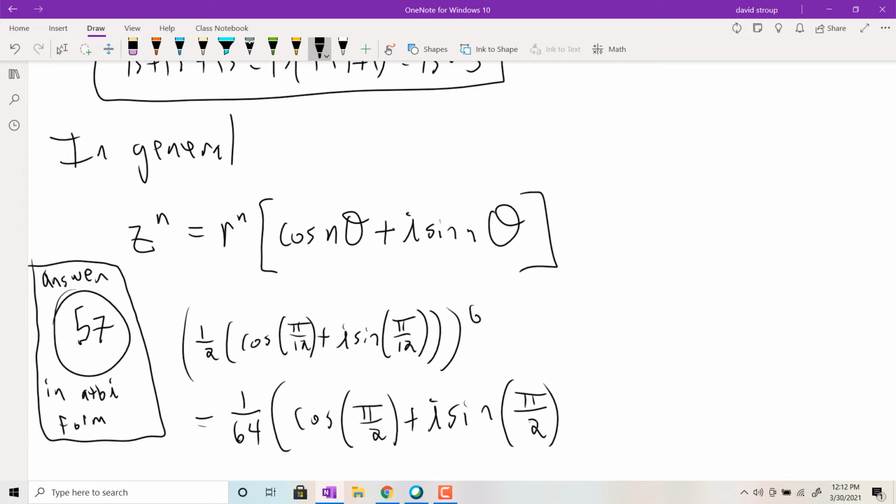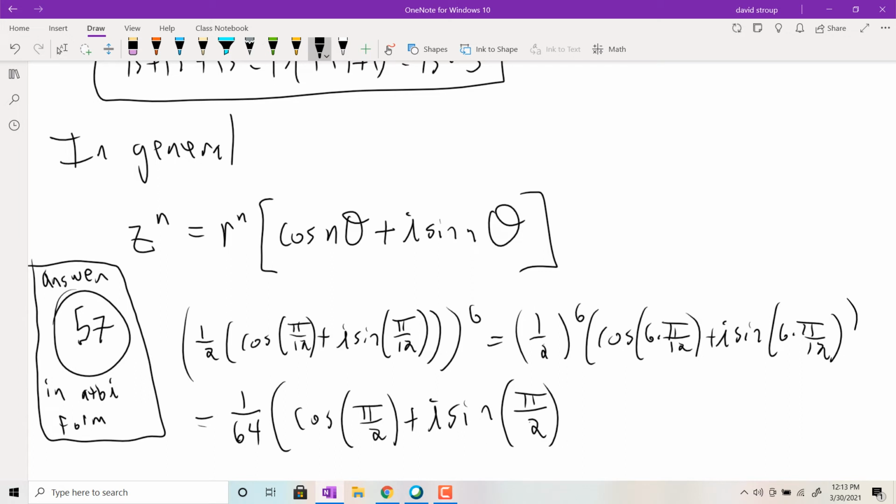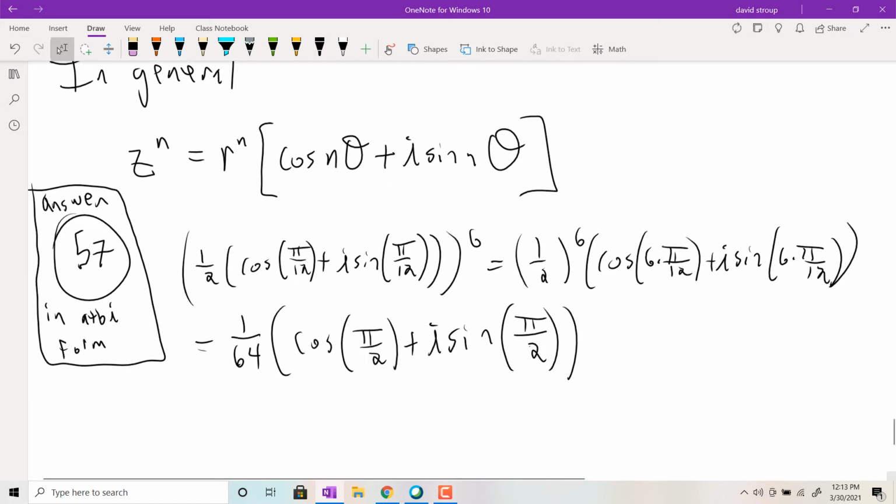Right? Because I'm taking 1/2 and raising it to the 6th power. Maybe I should write that out for you. 1/2 raised to the 6th power times cosine of 6 times pi over 12 plus I times sine of 6 times pi over 12. And those 6 times pi over 12s become the pi over 2s that you're seeing. Then to get to rectangular form, you just evaluate.